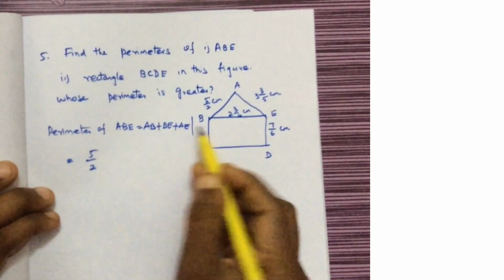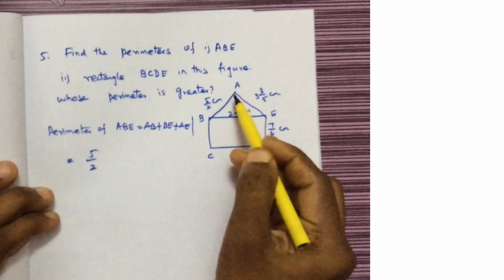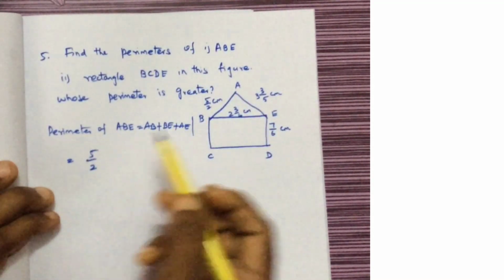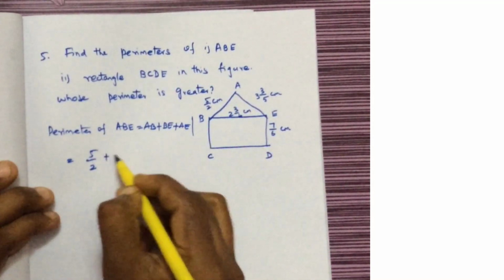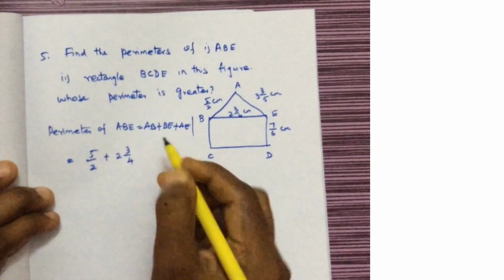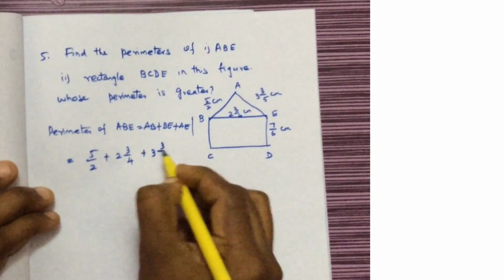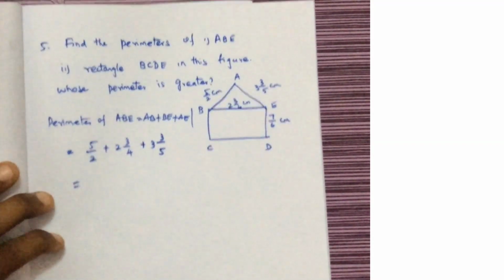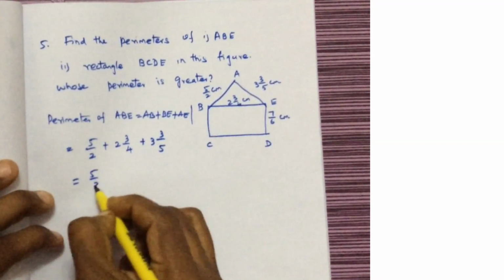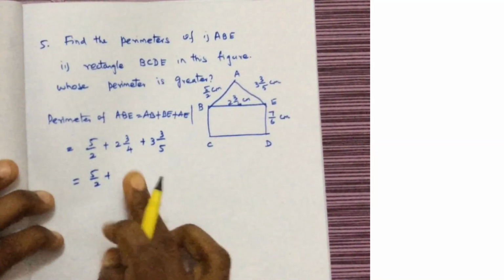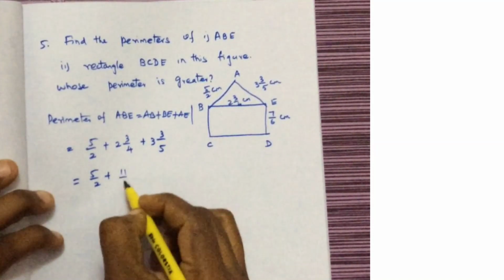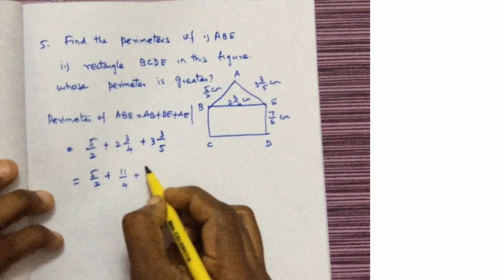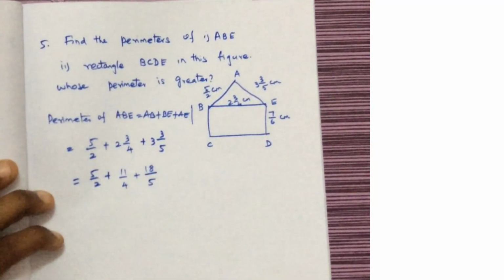If you add these 3, that is the perimeter of ABE. So this is 5 by 2 plus 2 3 by 4 plus 3 3 by 5, that is equal to 5 by 2, 11 by 4, 18 by 5.